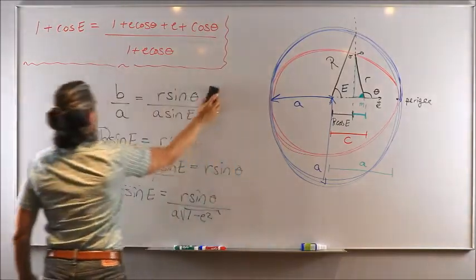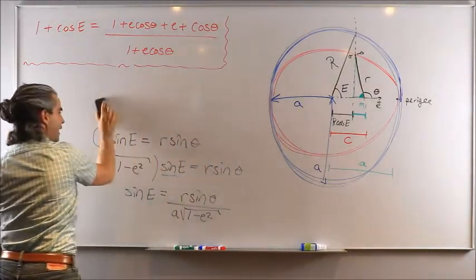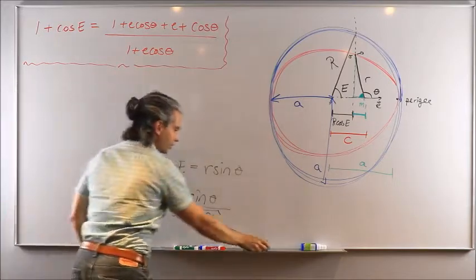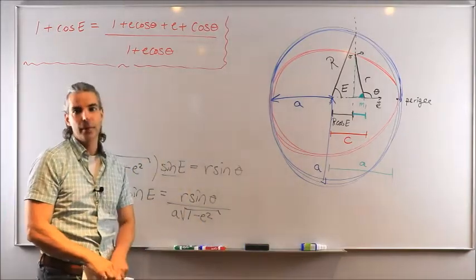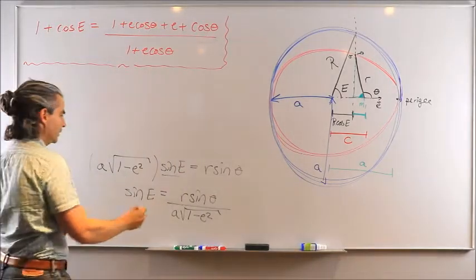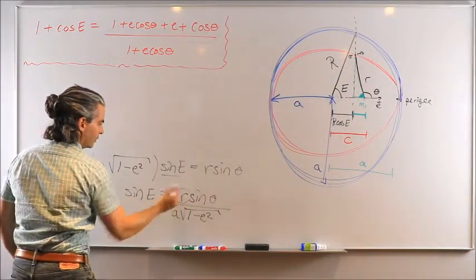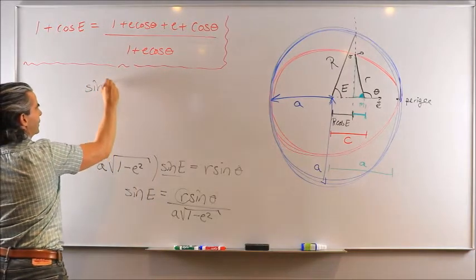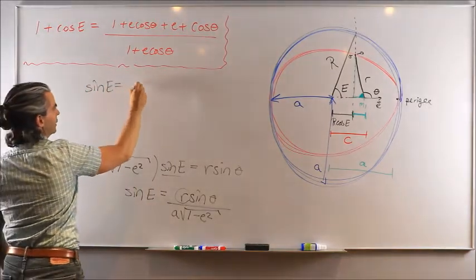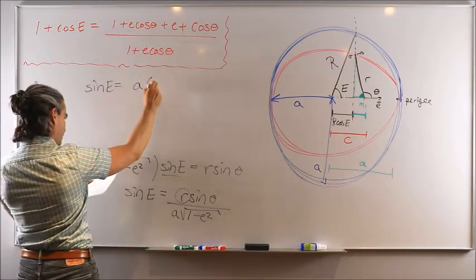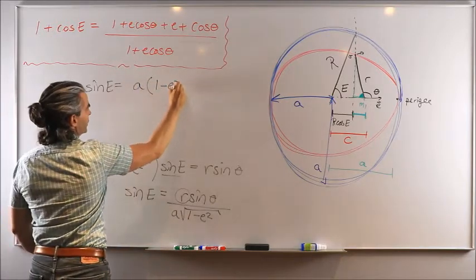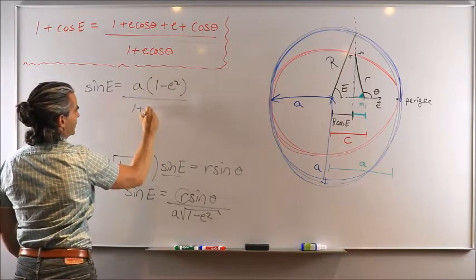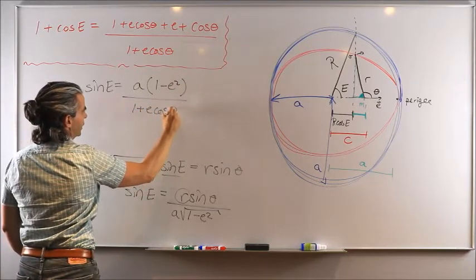And then I'm going to use the exact same trick as before, and that is to replace R with the orbit equation given in terms of semi-major axis and eccentricity. So I'm going to replace this term with my orbit equation to be able to write that sine eccentric anomaly is A times 1 minus E squared over 1 plus E cos theta.